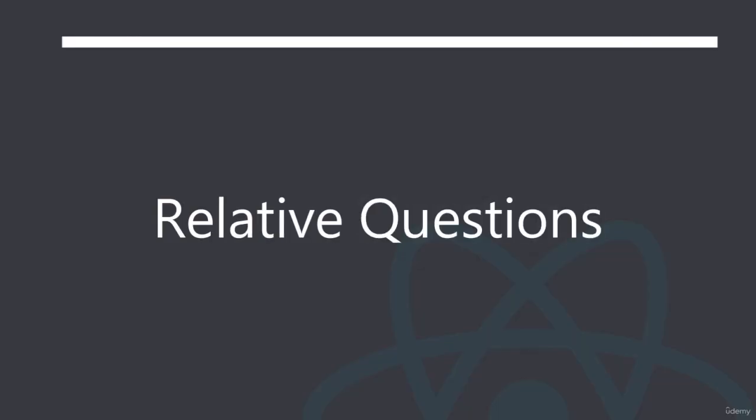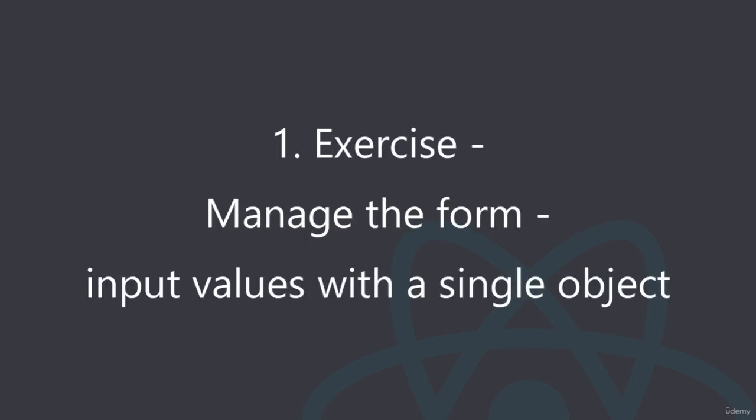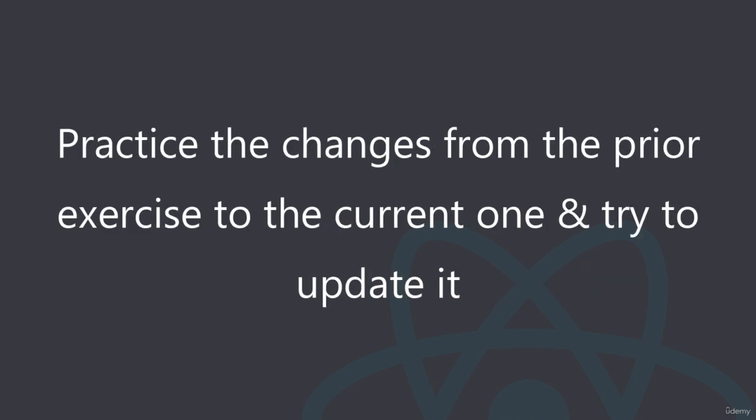Now let's talk about the related questions. So the first question is the exercise that you manage the form input field values with a single object. That means do not take multiple states and try to update it. So you can also practice the changes from the prior exercise to the current one. Try to update it so that you are clear with updating the object.